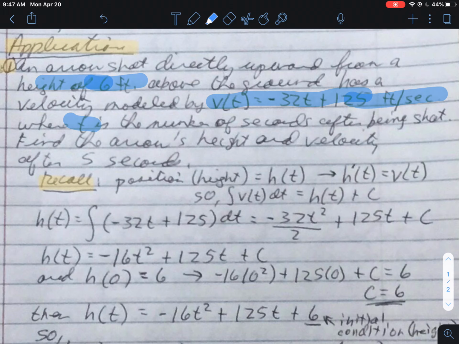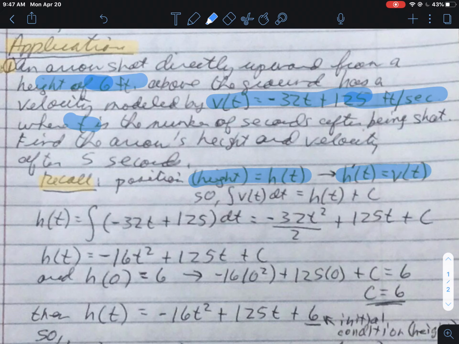Now, recall we did some applications with position, velocity and acceleration. We talked about those, where velocity was the derivative of our position function, and acceleration was our second derivative. Here our position function is the height, so I'm going to call it a height function, h of t, which means the derivative h prime is your velocity function.